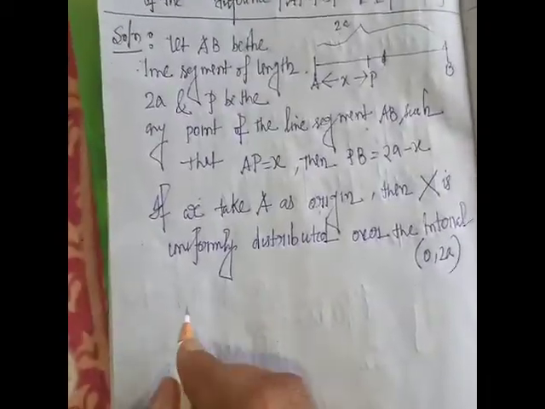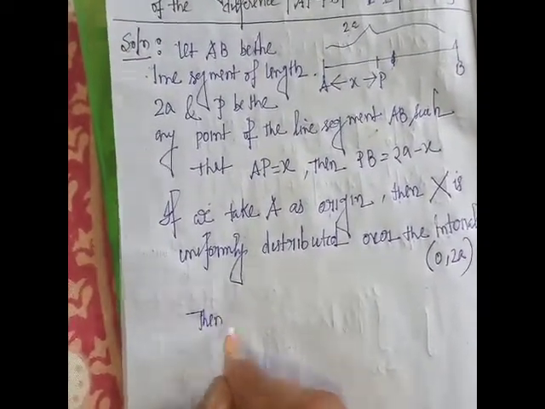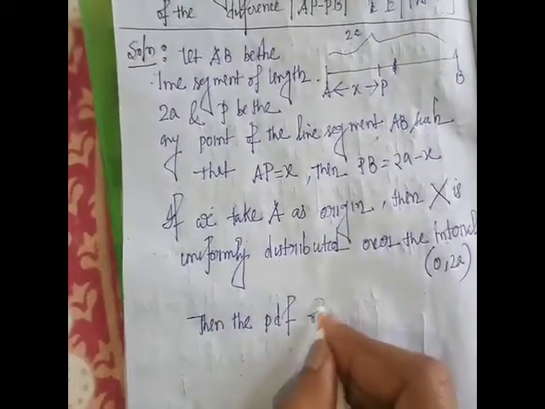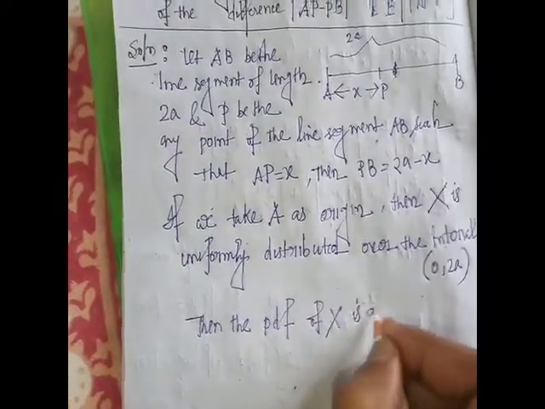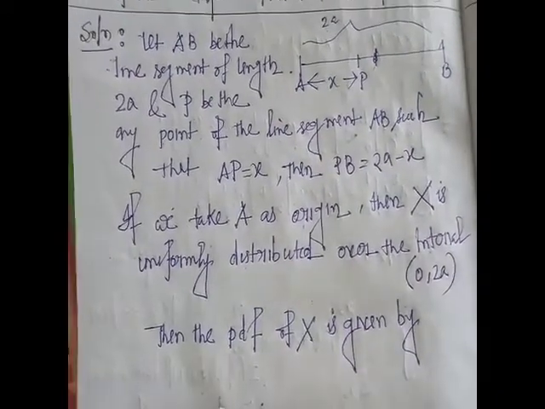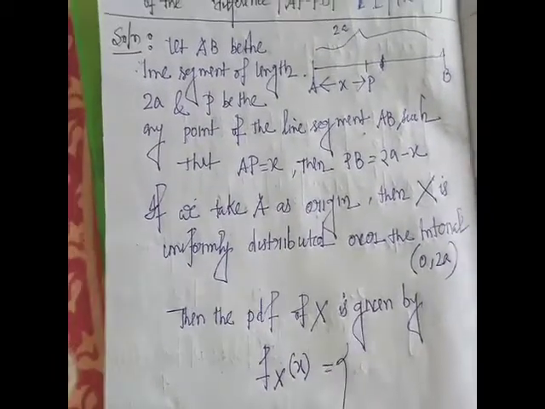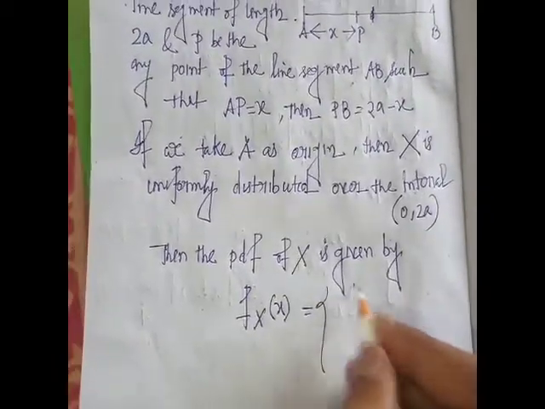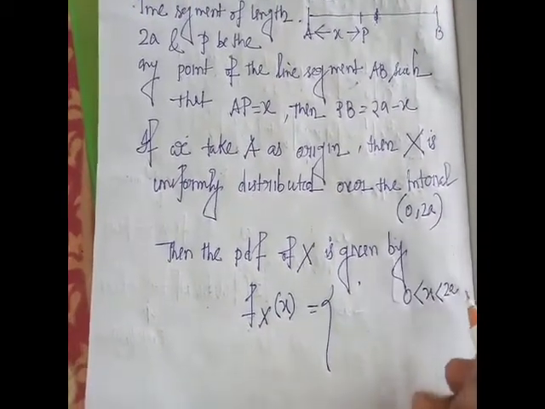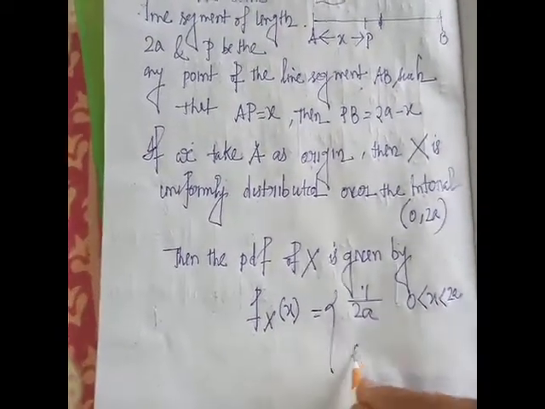Then the probability density function of x is given by f of x equal to 1 by (2a minus 0), that is 1 by 2a, if x belongs to 0 to 2a, and 0 otherwise.